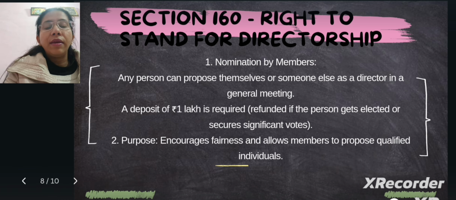They may be required to deposit 1 lakh, and that sum of money is refundable if that person gets elected or secures a significant number of votes. The purpose of this deposit is to encourage fairness and allow members to propose qualified individuals.